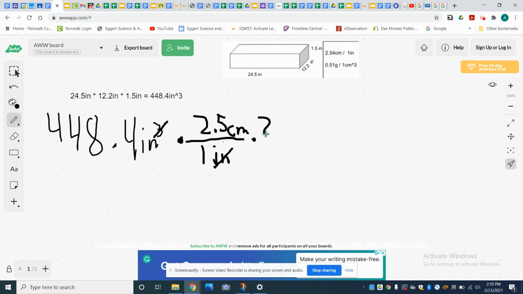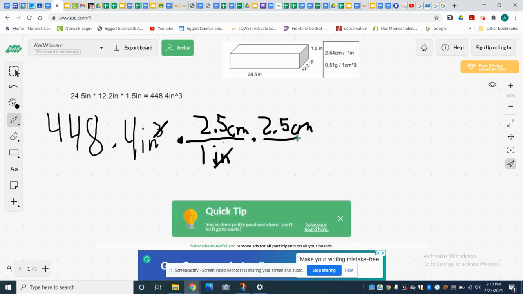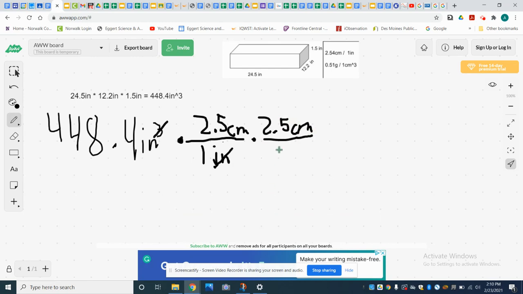So I'm going to do this again using the same relationship. I'm probably writing a little bit big here. My mouse is overly sensitive for some reason, but this inch in this denominator cancels another inch back here at the beginning. Remember, it was inch cubed, so that's inch times inch times inch.